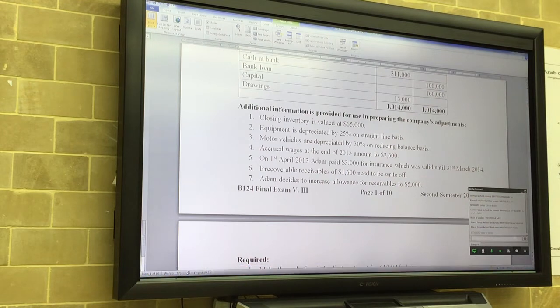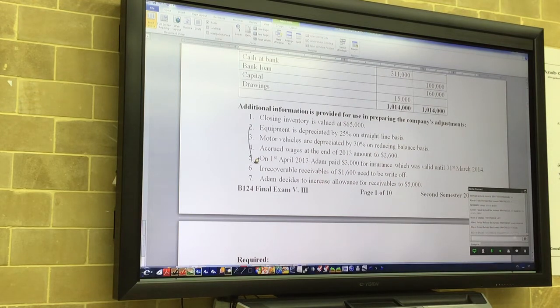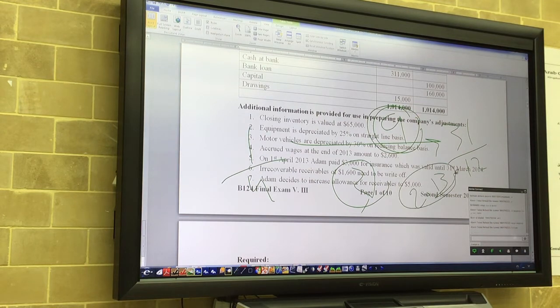So from 1st April to 31st December there are 9 months. So the prepayment is for how many months? For 3 months, because 9 months are included in 2013, and 3 months will be for next year.